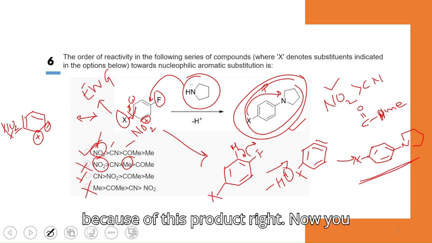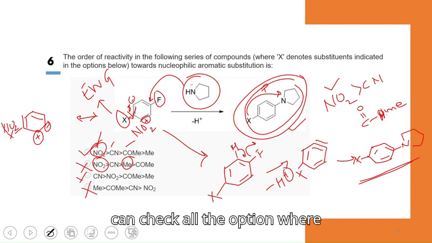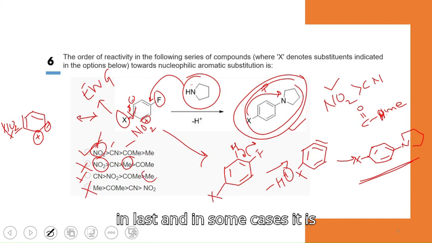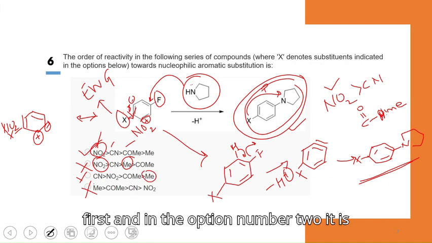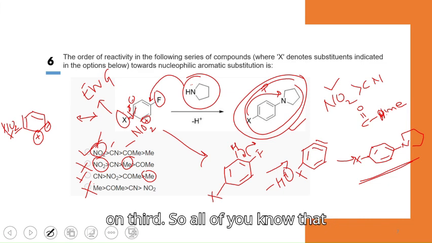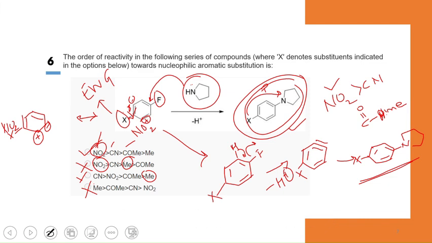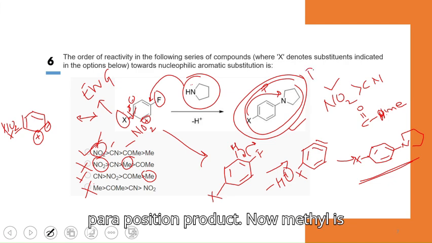So all of you know that X could be the electron withdrawing group because of this product, right? Now you can check all the options where methyl is written last, and in some cases it is first, and in option number 2 it is third. So all of you know that the electron withdrawing effect should be there to get the para position product.